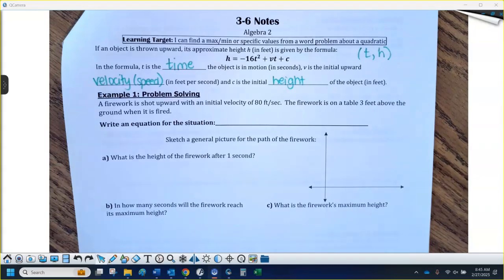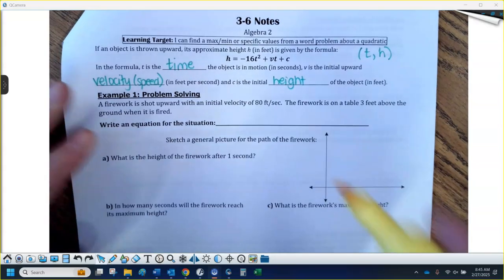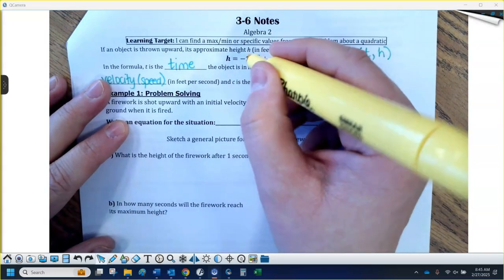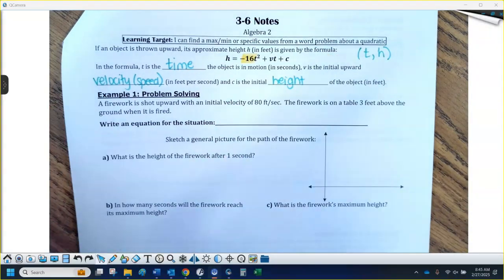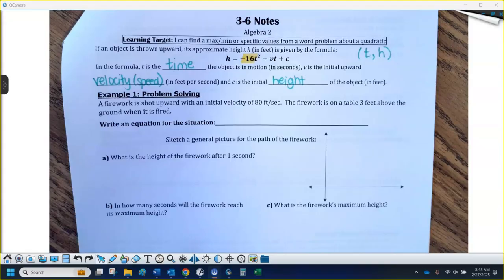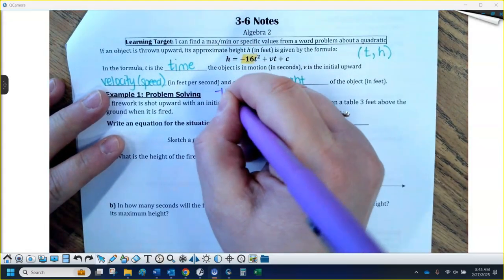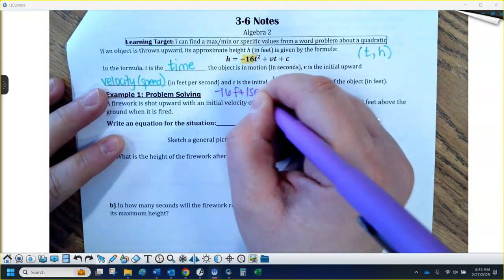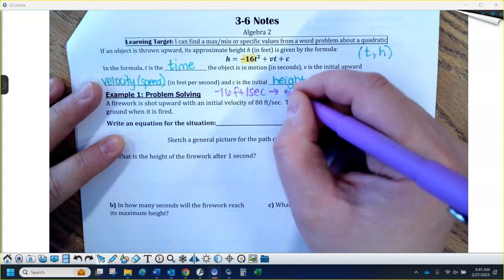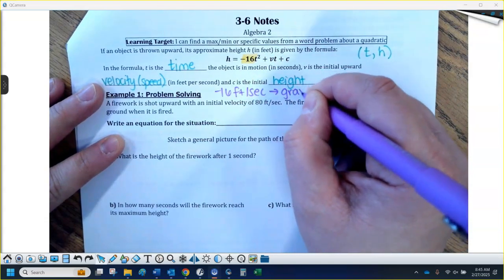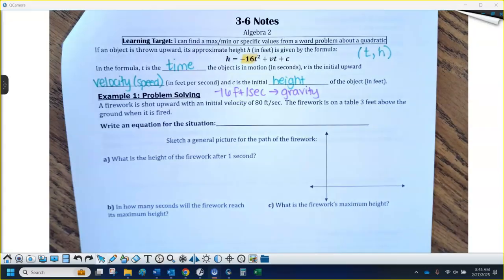Now, the other thing I was going to draw your attention to super fast, you'll notice this has the number negative 16. The reason that number is always in that formula, negative 16 feet per second, is just the measurement of the acceleration or the force of gravity on an object.